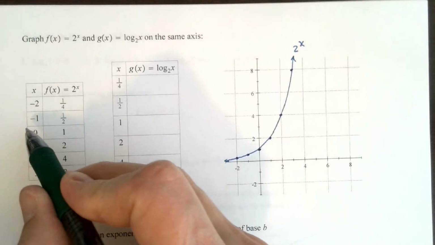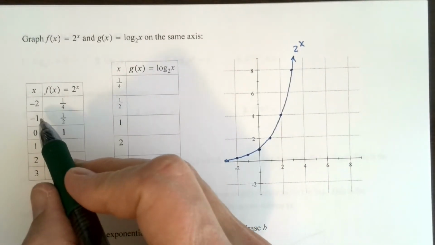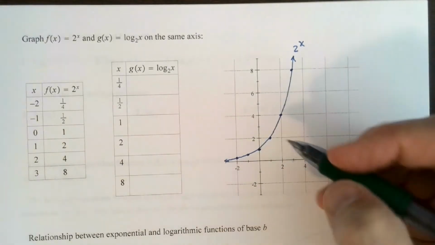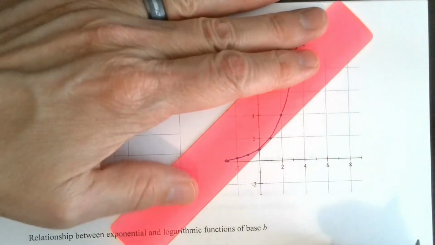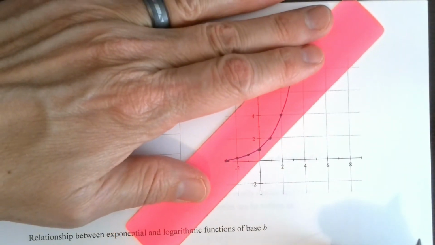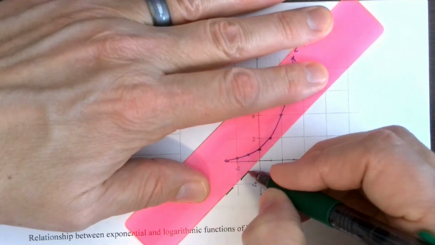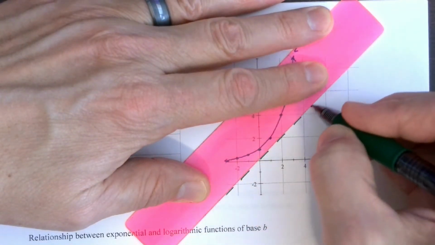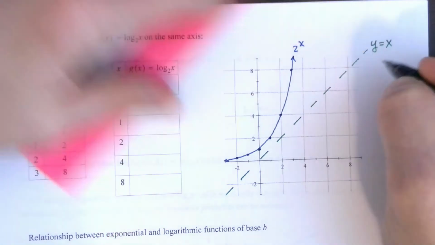Remember, we said that they're inverses of each other, and that means they're reflections about the line y equals x. Let me put the graph of y equals x on here for perspective, just a dashed line. So there's that line.